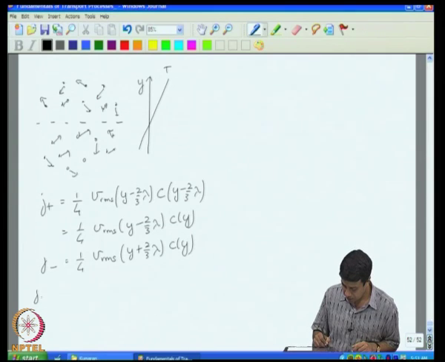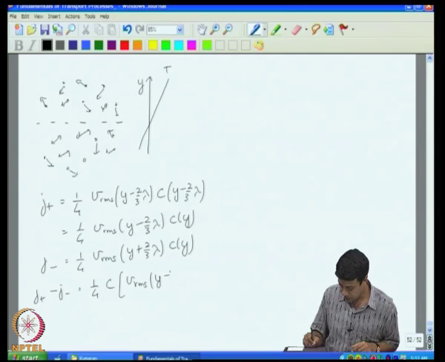Add these two together, J plus minus J minus is equal to 1 by 4th C into Vrms at y minus 2 by 3 lambda minus Vrms at y plus 2 by 3 lambda.